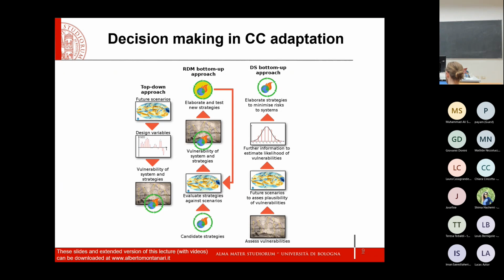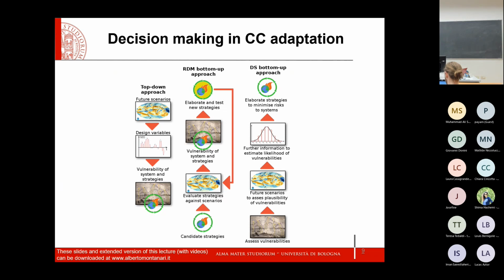So we identify the vulnerability of these strategies in the future, and then we pass to the elaboration and test of new strategies, which can be incremental in the future or new strategies at the present time. And then again, we evaluate them against scenarios. So robust decision making focuses on solutions.